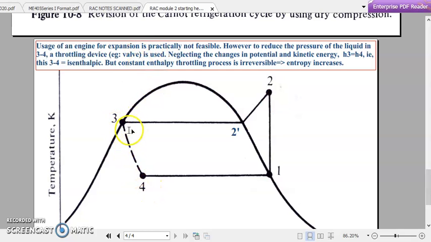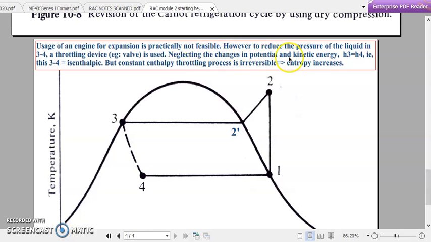That is, the high pressure liquid refrigerant at 3 will enter a throttling valve or throttling device, for example a small constriction valve, which will be suddenly opening and closing and causing a sudden expansion process, thereby reducing the pressure of the liquid refrigerant from 3 to 4.